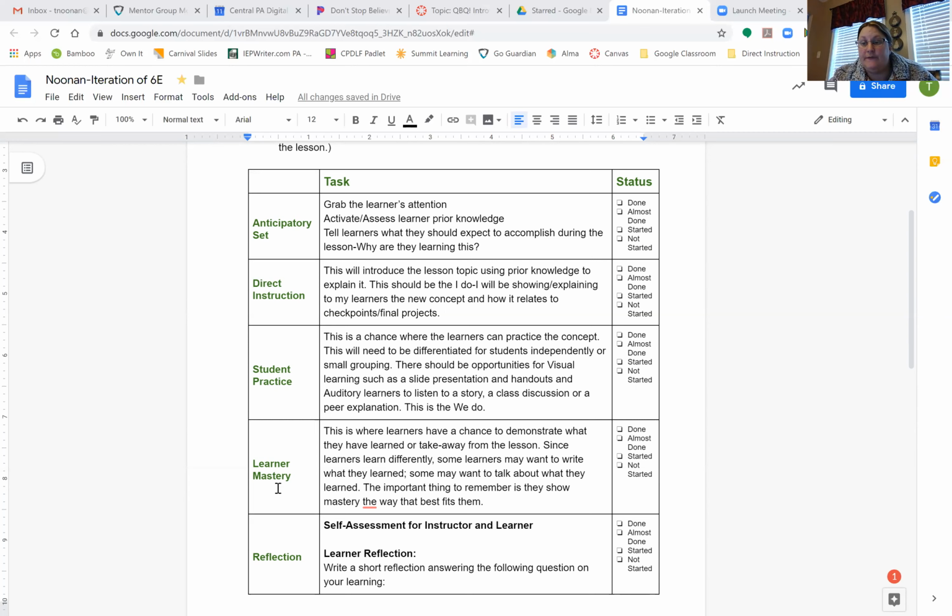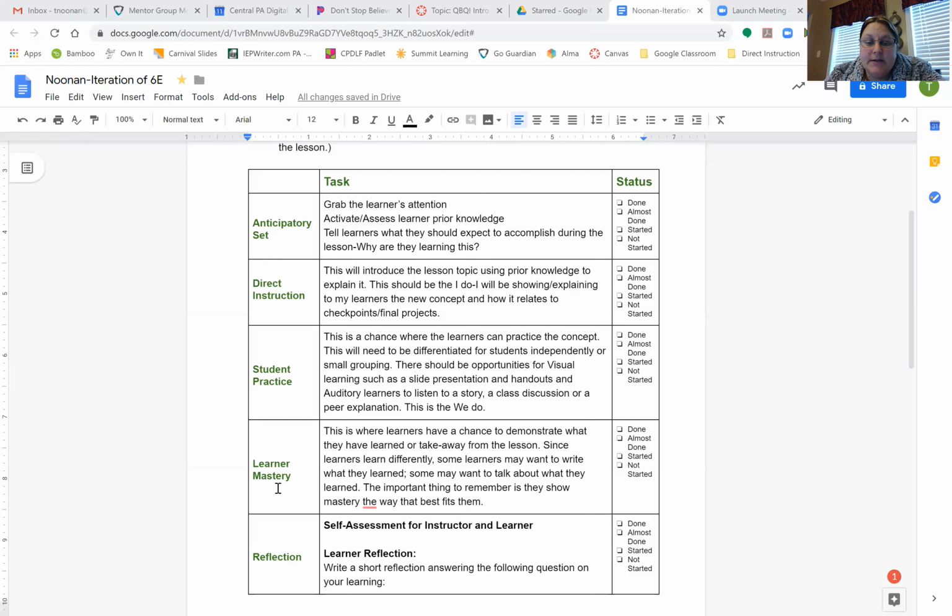A lot of students are visual, so they need a slide presentation, handouts, and depending on what the lesson is, that could already be included up above in the direct instruction. And then our auditory learners need to listen to the story, hear a class discussion, maybe hear it from a peer.